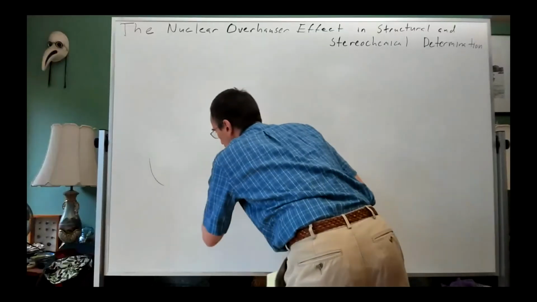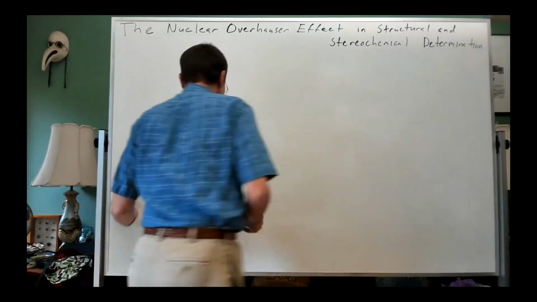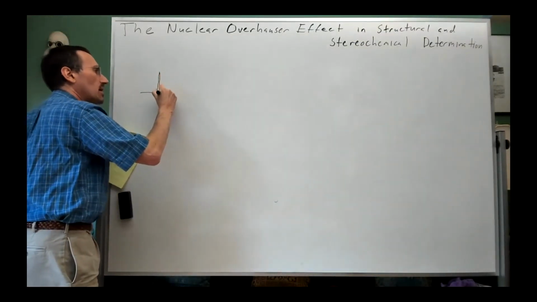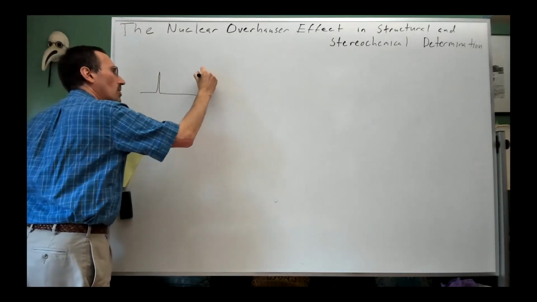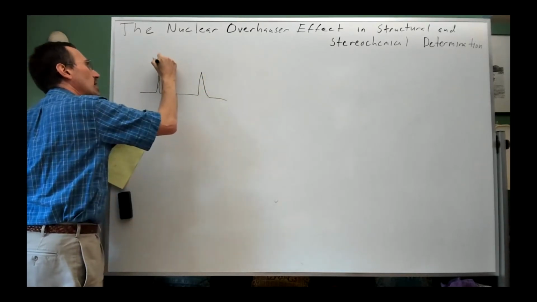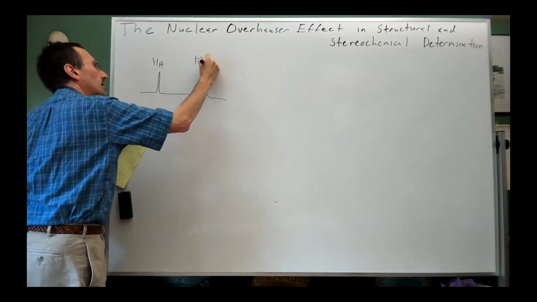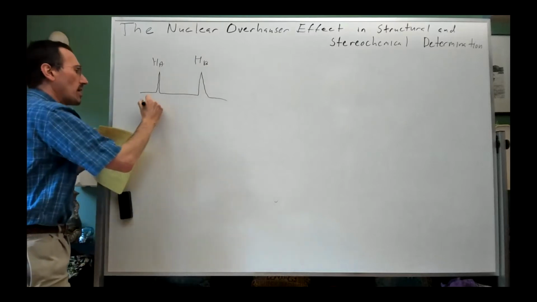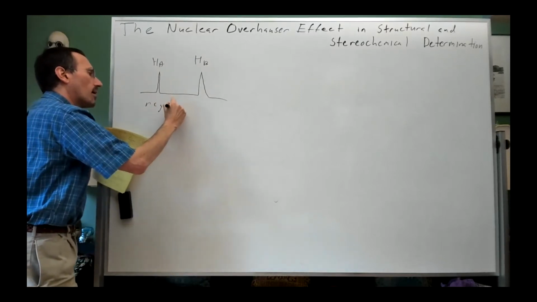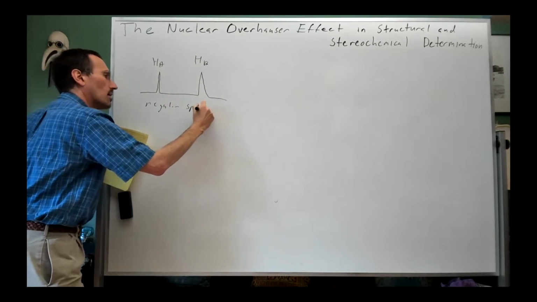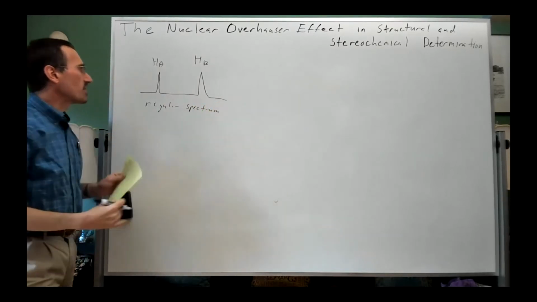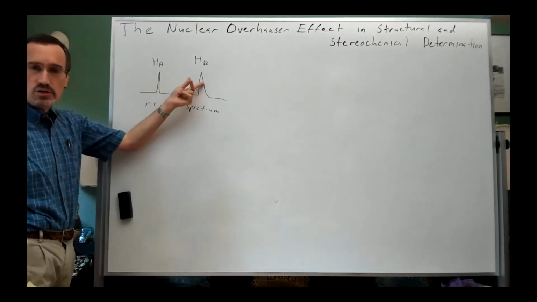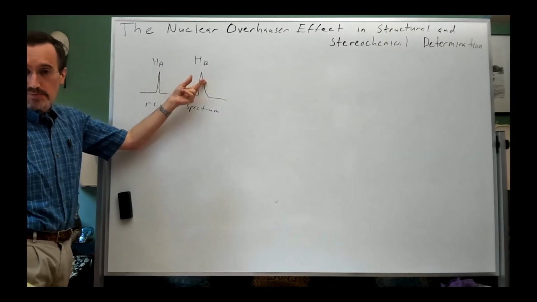All right, so let's imagine for a moment that we have that situation, and let's just draw our peaks as singlets. So let's suppose we have a signal for HA and a signal for HB in the spectrum. So this is the regular spectrum. And again, in this hypothetical example, maybe HA is at 2 parts per million, and let's say HB is at 1 part per million.